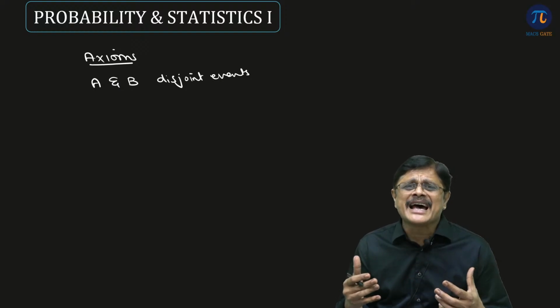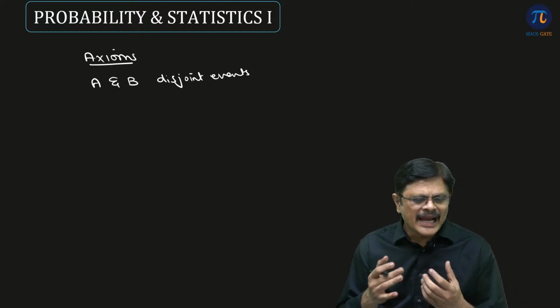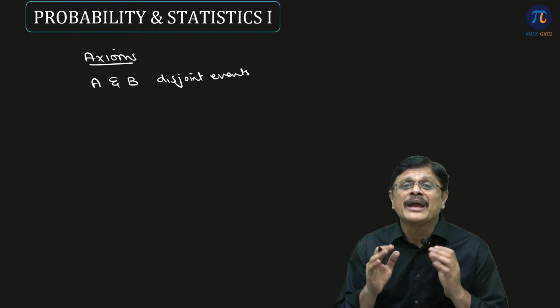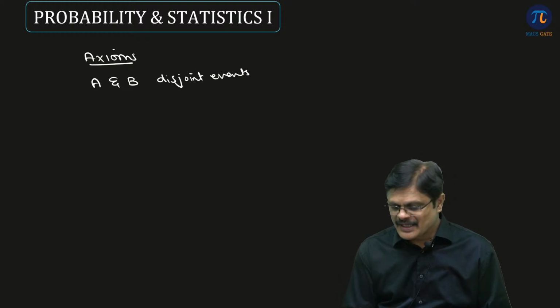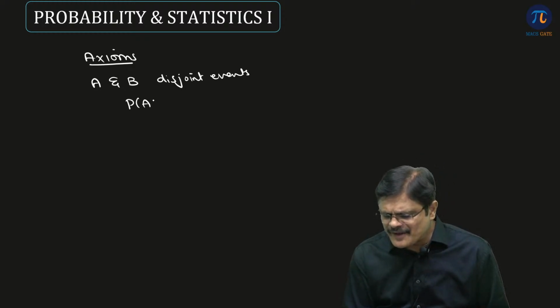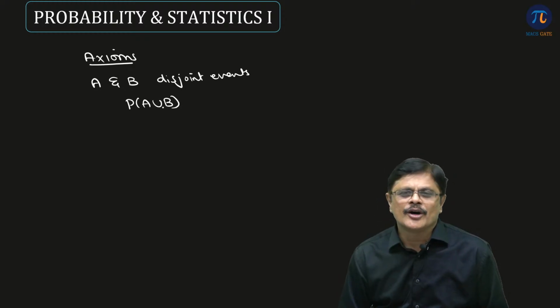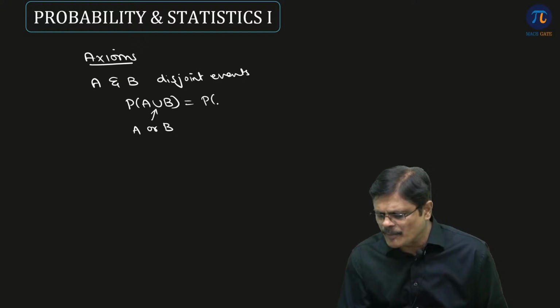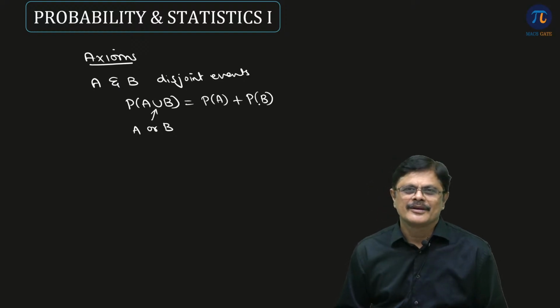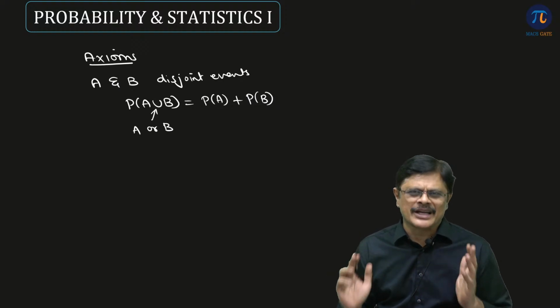These two events happen at a time, but they do not have any outcomes in common. They are called disjoint events. Then probability of A or B, or probability of A union B, you read it as A or B, is simply probability of A plus probability of B. Why, sir? Because their intersection is empty, we don't need to consider them.